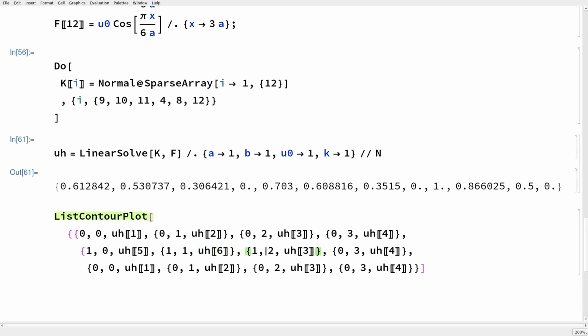Node 7 is 1, 2. Node 8 is 1, 3. Node 9 is 2, 0. Node 10 is 2, 1. Node 11 is 2, 2. Node 12 is 2, 3.